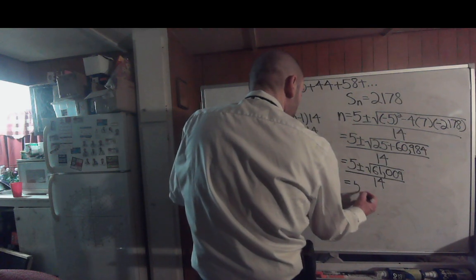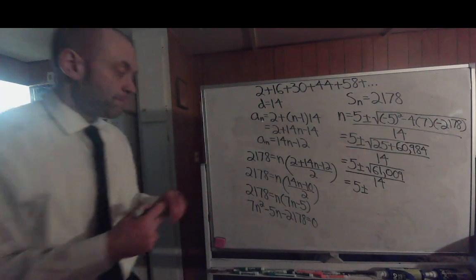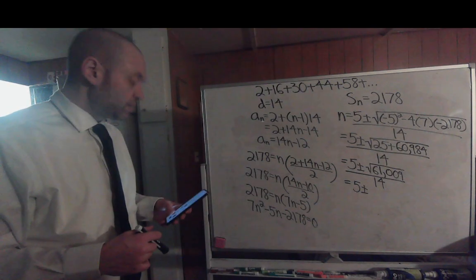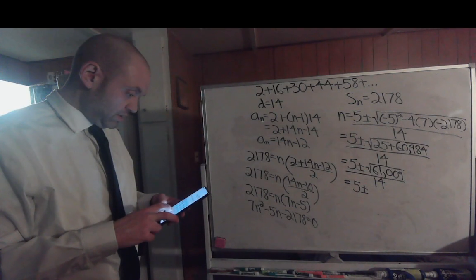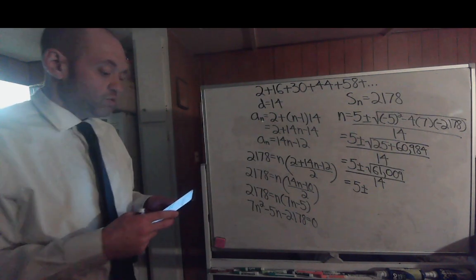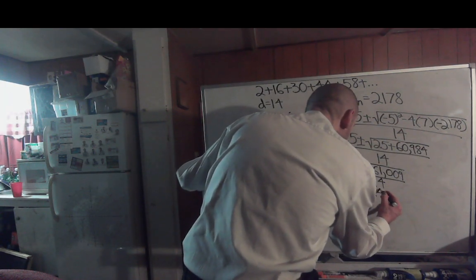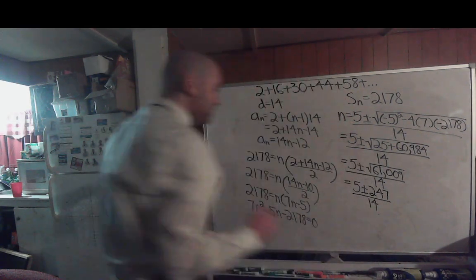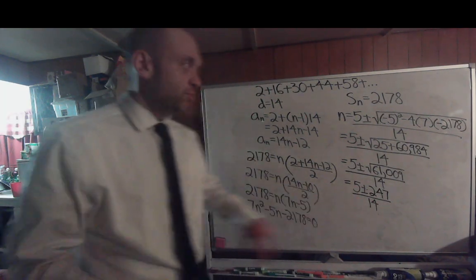So let's figure out what the heck the square root of 61,009 is. That would be 247. So we have 5 plus and minus 247 over 14. Well, if we did minus, that would give you a negative term, which you can't have.